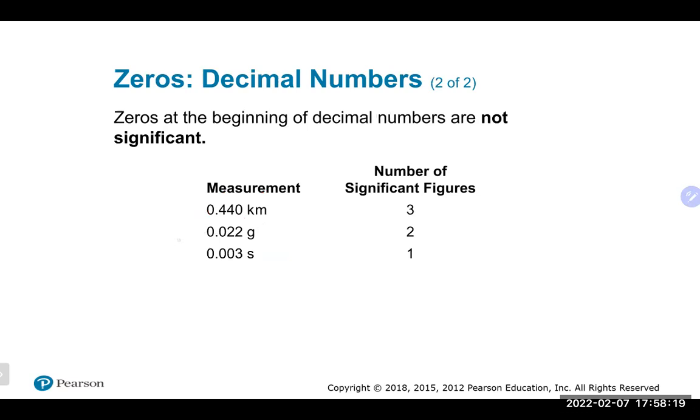And here's a few more. Again, starting to count at the 4. That's significant. The 4 and the 0 at the end, again, going to be significant because the decimal point gives us 3. We do not start counting on the next one until we hit that 2. That 2 and the 2 obviously is significant, which gives us 2 significant figures. And clearly all these zeros are leading zeros.